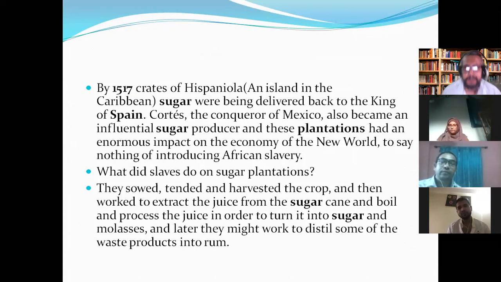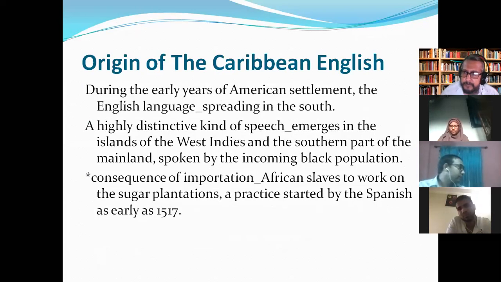Okay. So at the early stage of the American settlement, the people started moving from north to south, that means to the Caribbean islands. And also, some people came, they are the black slaves, and these black slaves came to work in the sugar plantation project.